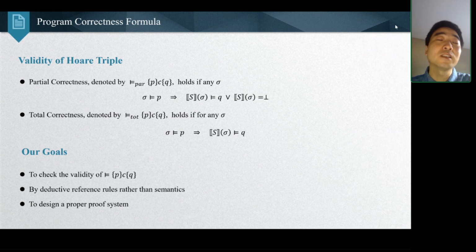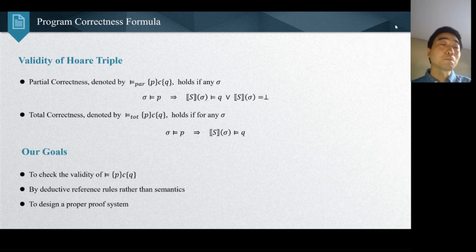Total correctness is denoted total {P} C {Q}. It holds if for any sigma satisfying P, the output will satisfy Q. The difference is that it guarantees termination.